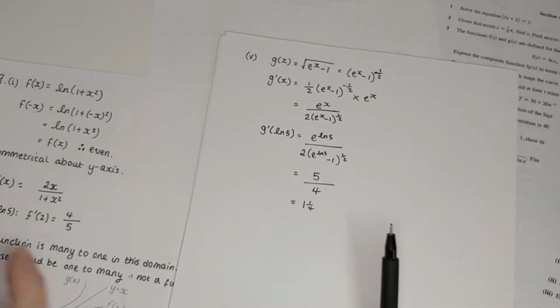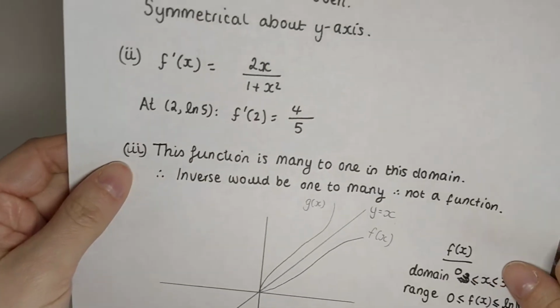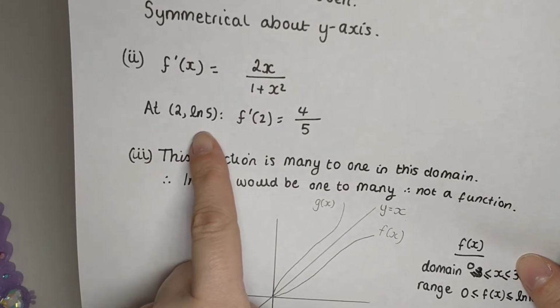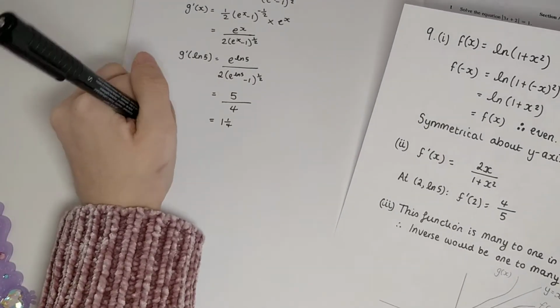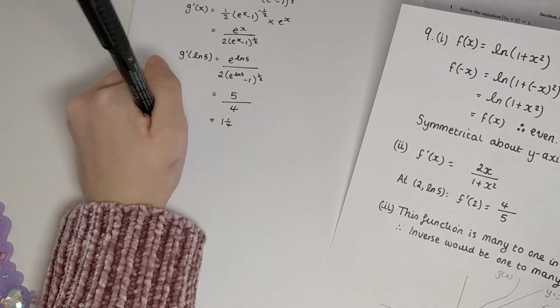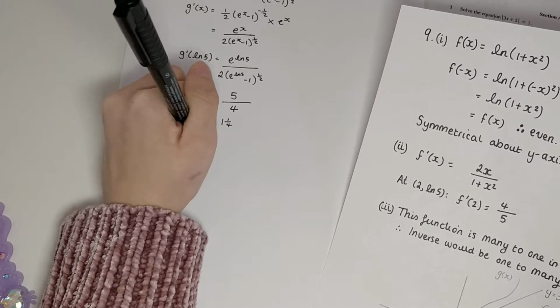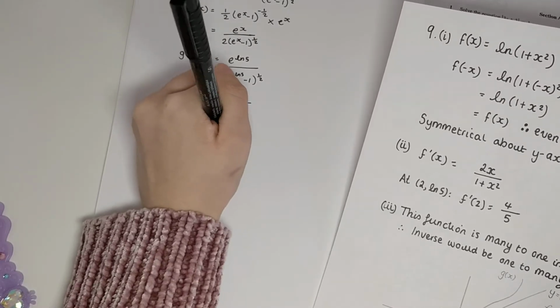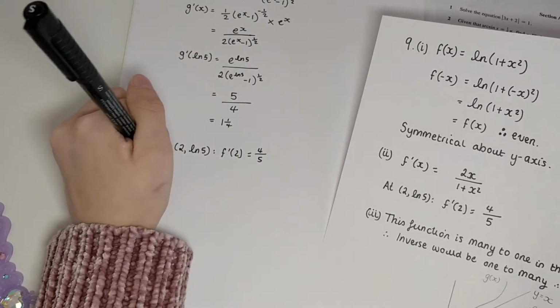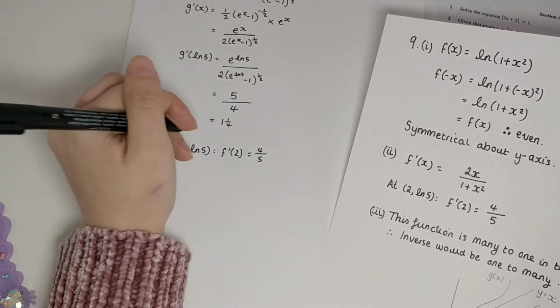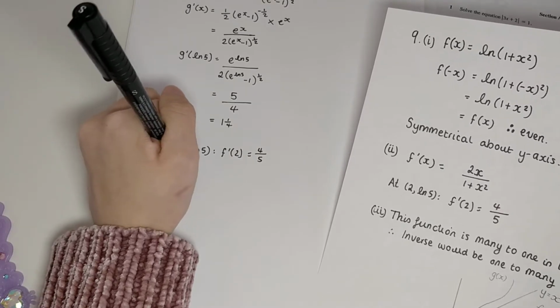Okay. Explain the connection between this result and your answer from part 2. So in part 2, at 2 log 5, f dash of 2 is 4/5. Okay, let me write this down. Here the x coordinate is log 5.